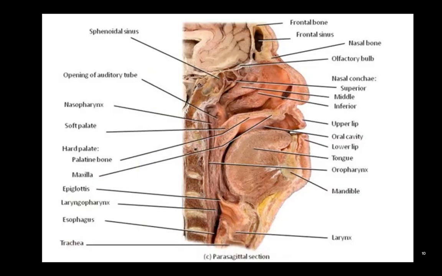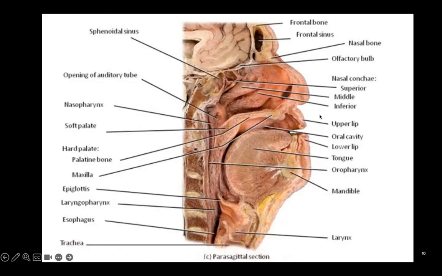Here we have it all on the cadaver. We can still see some of those sinuses. Our olfactory bulb, with the olfactory nerves coming down in here into the olfactory region. We have our nasal cavity here, and here would be the external nares.